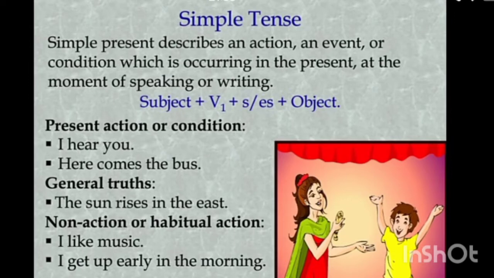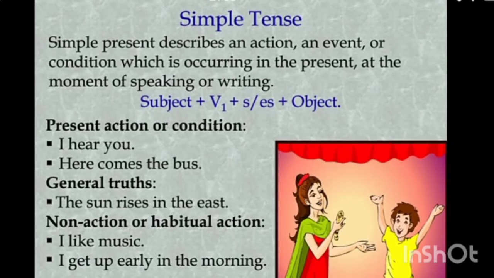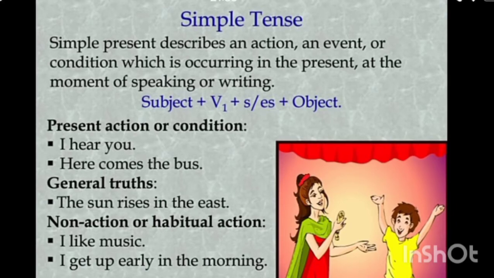For example, when I say, I hear you, if you notice in this sentence, there is no S or ES. It's simply subject plus verb first form with object, right? I hear you. Whereas the second sentence which we have given in the example: here comes the bus.